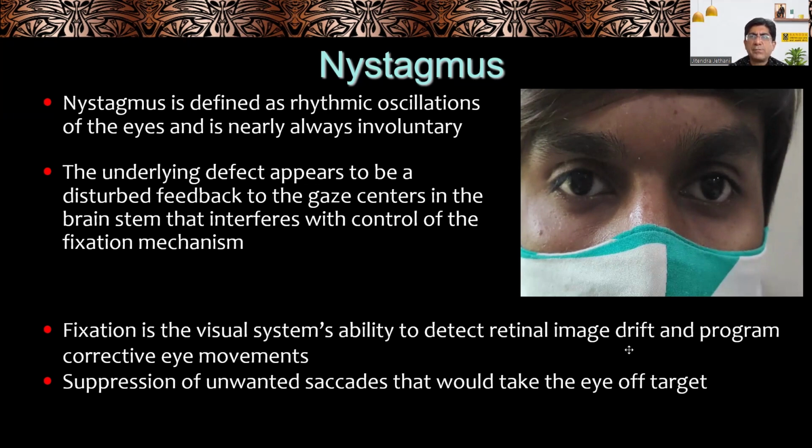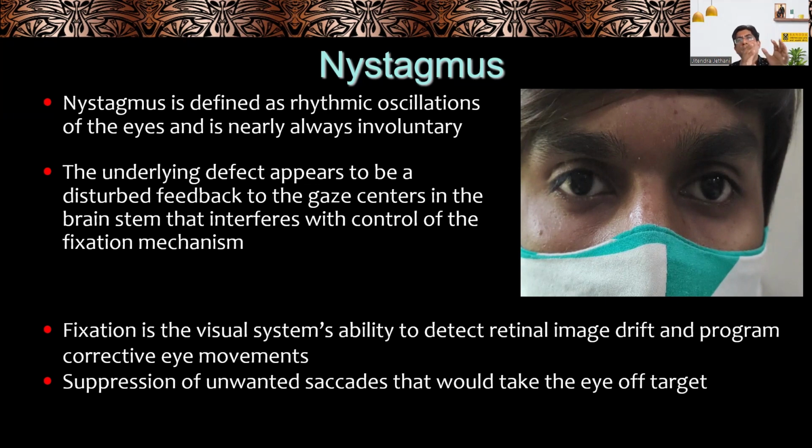Now, we would normally ask, what exactly is the defect in nystagmus? Why does nystagmus occur? Nystagmus basically occurs because there is a disturbed feedback to the gaze centers in the brainstem. And this interferes with the control of our fixation mechanism. And what is the fixation mechanism? Fixation is not a one-time process. Fixation is the visual system's ability to detect retinal image drift.